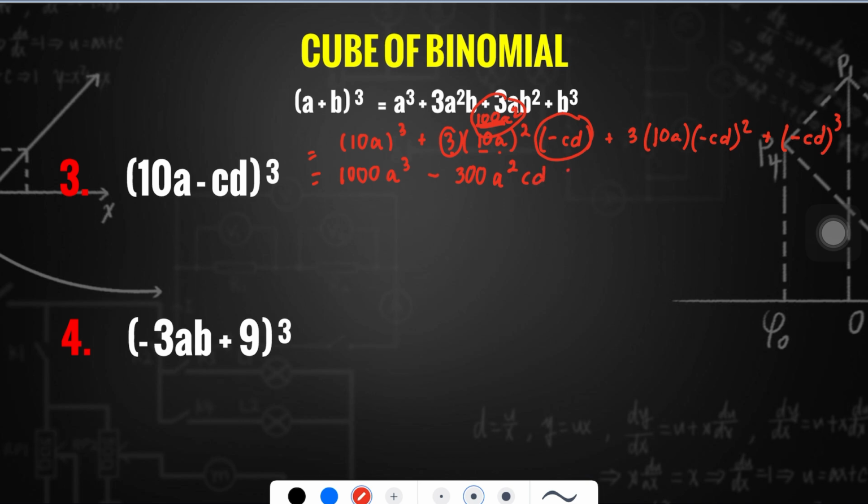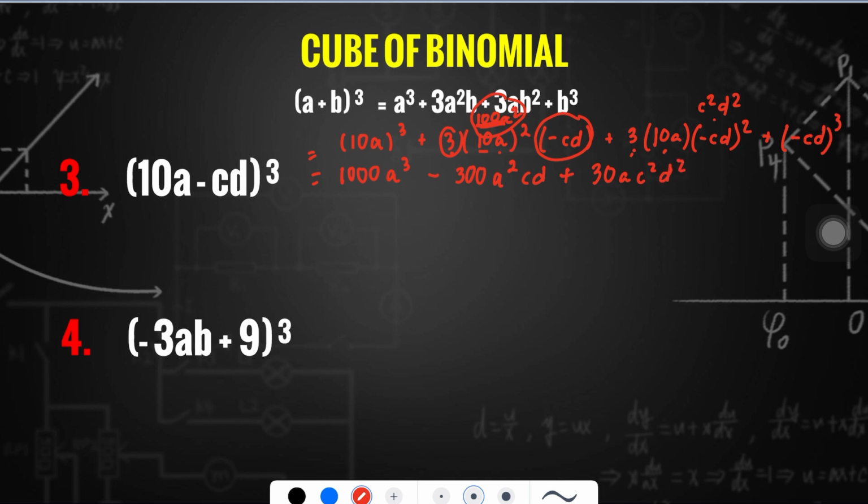And then plus 3 times 10a times negative cd squared, which is positive c squared d squared. So 3 times 10a times c squared d squared, that's positive 30, correct? 30ac squared d squared.